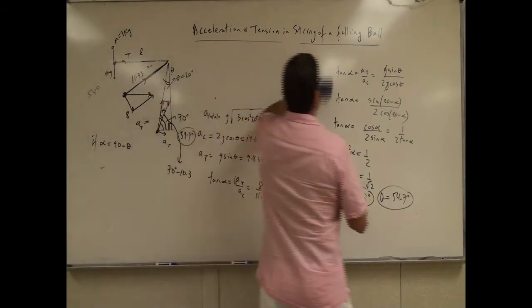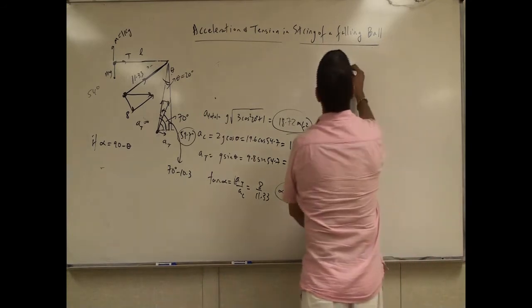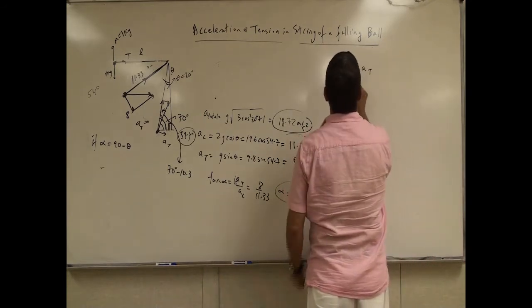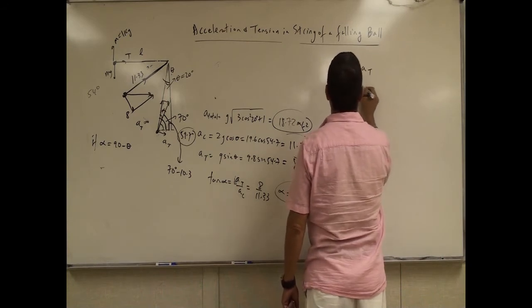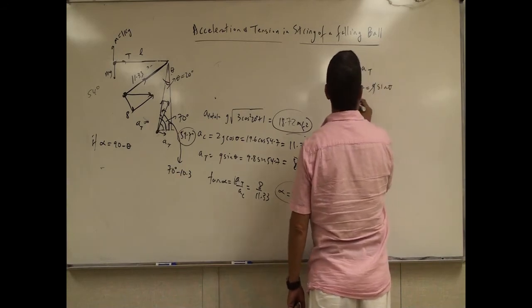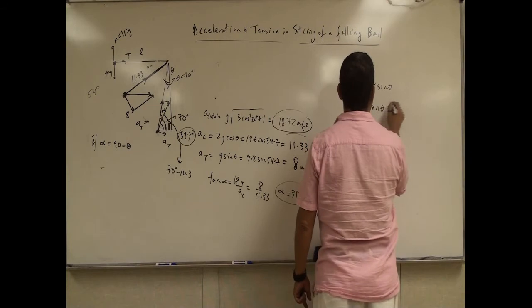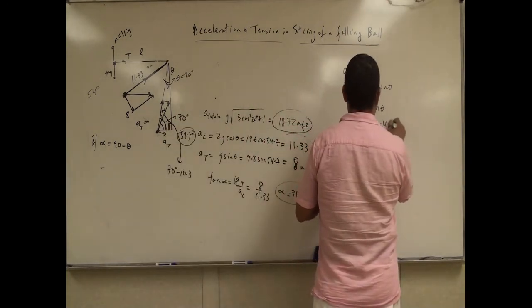Okay, so we can say here A centripetal equals A tangential, right? So this is going to be 2g cosine theta. A tangential is g sine theta, and then 2 is equal to tangent theta. Okay, now we get theta is equal to 63.43.